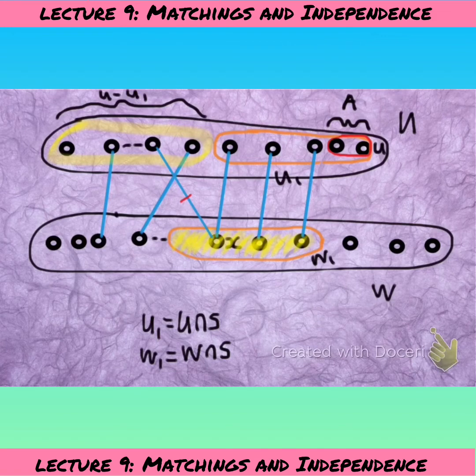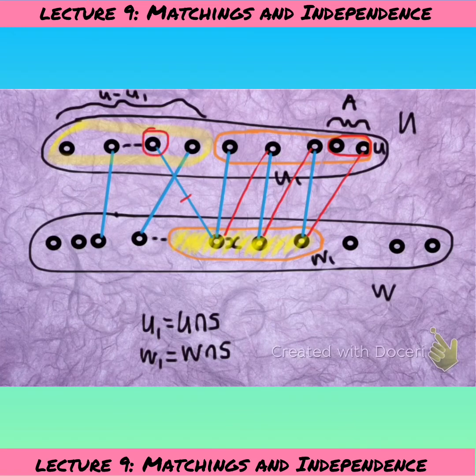Well, then you would be able to find an alternating path from a U in A that goes red, then blue up, then red down, blue up, red down, and then you could go blue up to that vertex there.